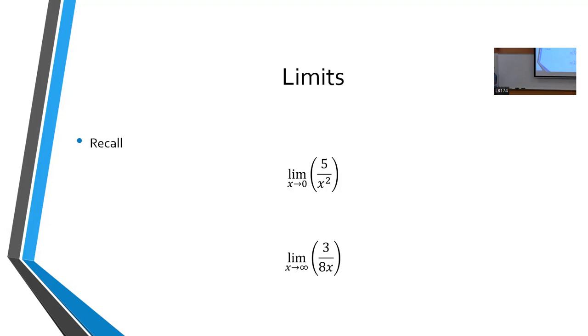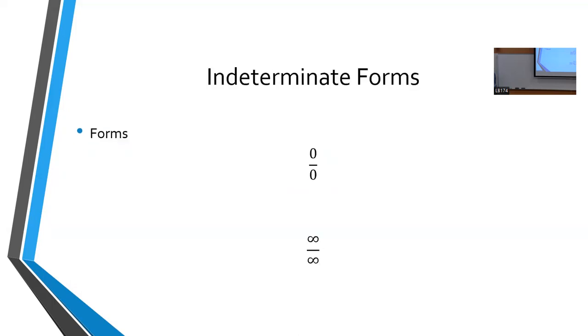I know if the numerator stays the same and the denominator goes to 0, the whole fraction is getting really, really big. So these first two are not indeterminate forms, but things like x over x, 5x over 3x, 1x over 4x, those do give me indeterminate forms.